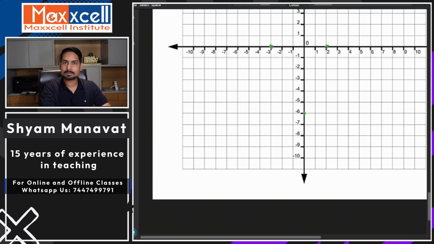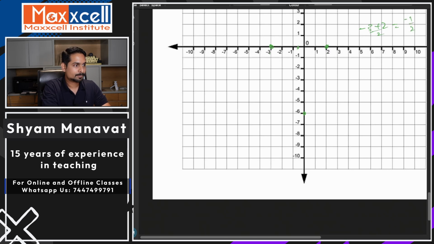Here, I know that it's going to be somewhat like this. The axis of symmetry has to be the midpoint of these two roots, minus 3 and 2. So minus 3 plus 2 by 2, find the midpoint, that's minus 1 by 2, that means minus 0.5 here.